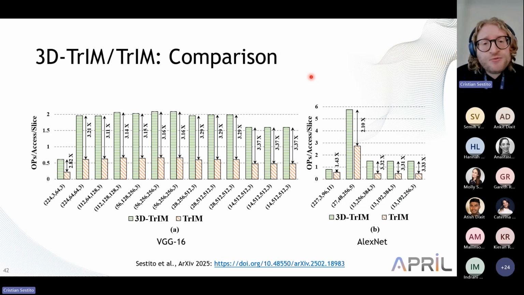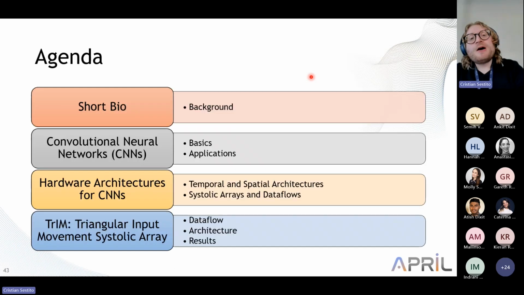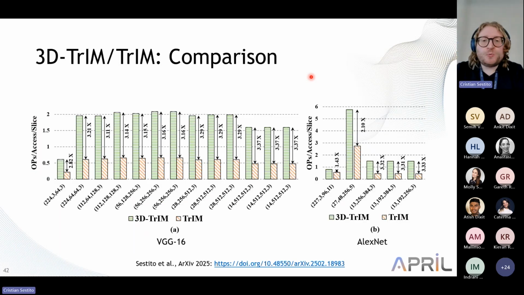As you can see, in both cases we have a reduction of memory access of about 3 times in the VGG16 scenario, and also up to 3 times in the AlexNet scenario. Now, this is what we have currently done. The preprint is currently available on arXiv, while the actual version is under review at IEEE.